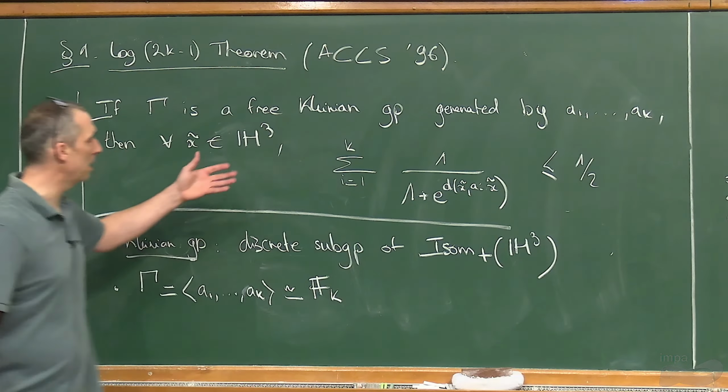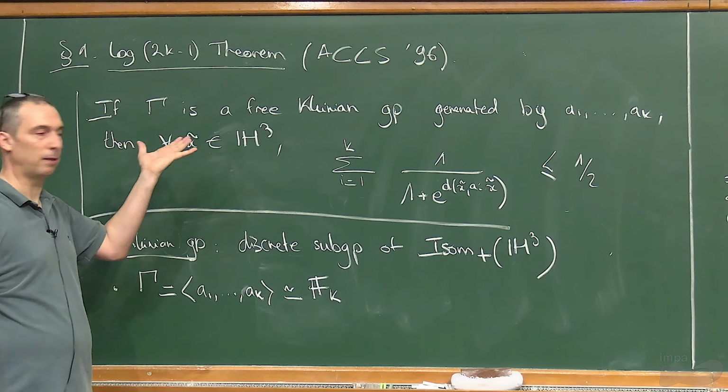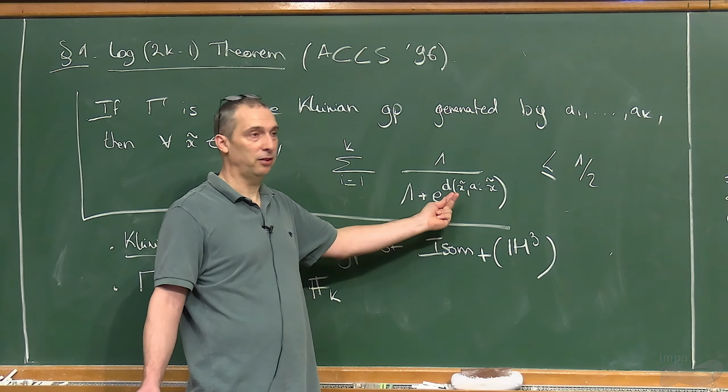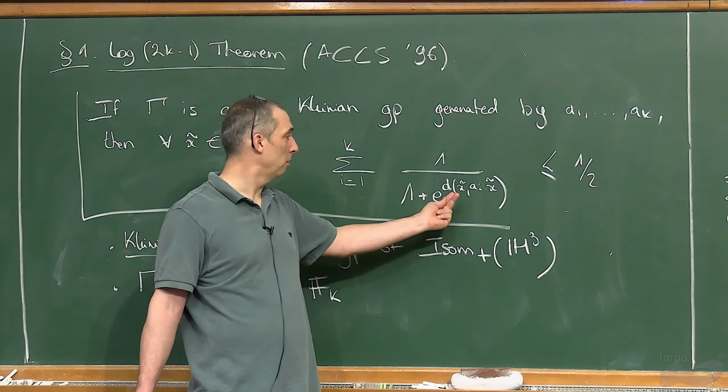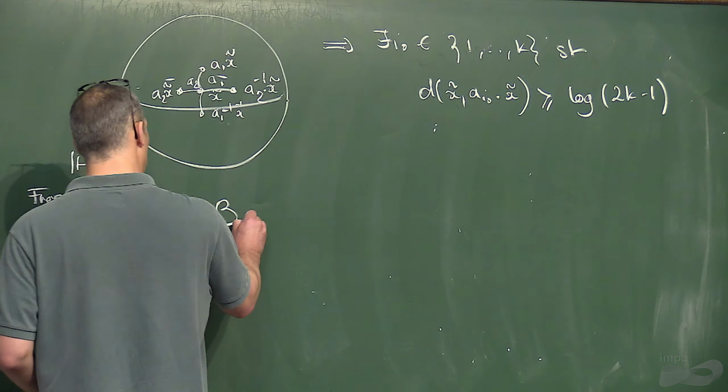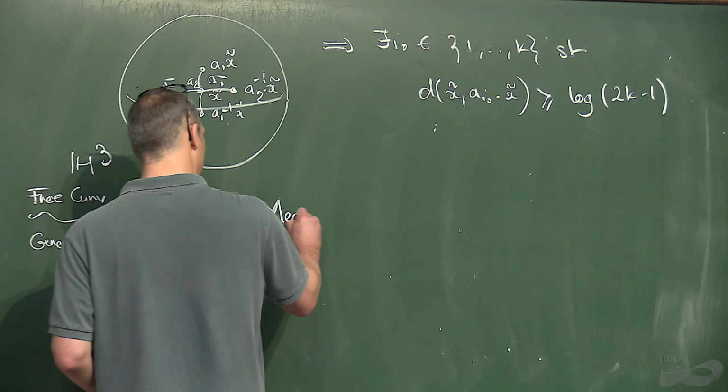So here we will interpret that the quotient of H3 by gamma is a manifold, and then you can take any Riemannian metric on it, then go back to the universal cover, and can you say something? Well, this is like a distance, like a length, so you can try to multiply by something which looks like the volume entropy, okay? And we get the following theorem that we proved with Louis Merlin.